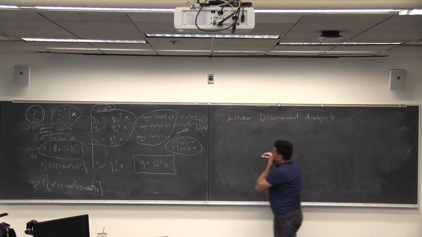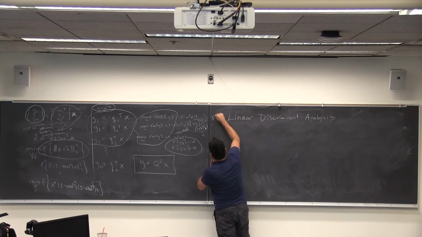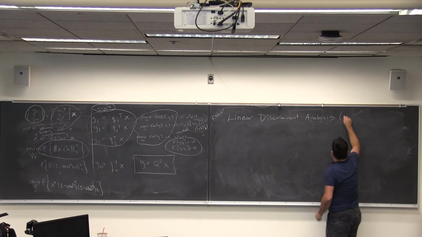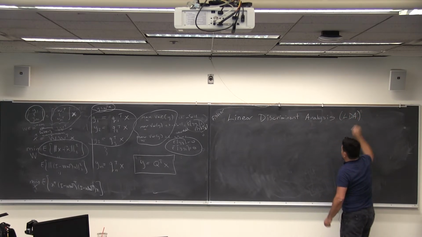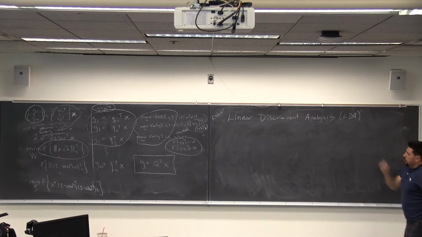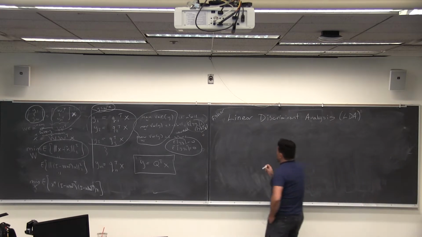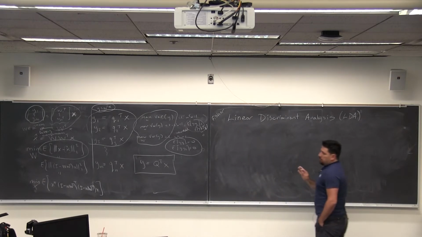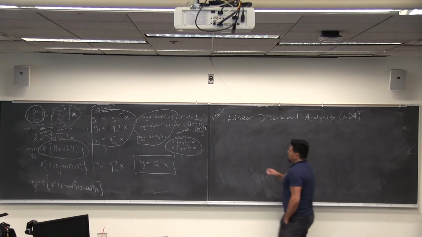I want to call this specifically Fisher's LDA, because the optimization objective that we will use is specifically due to Fisher. Suppose I have two Gaussians for illustration purposes.